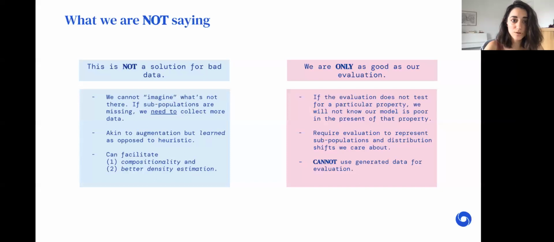For example, we must ensure that the evaluation set is reasonably balanced and represents the sensitive attributes or the properties of interest when we are looking at, for example, different hospitals. And finally, generated data cannot be used for evaluation. So using only generated data for evaluation can be very misleading and lead to conclusions that do not generalize.